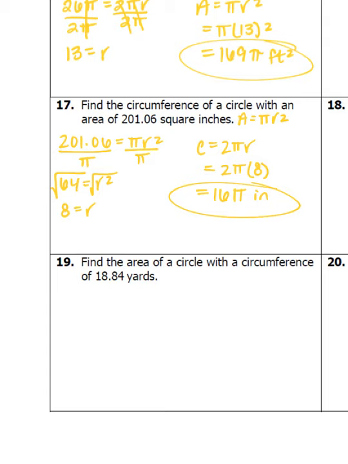All right. Last one, number 19. Find the area of a circle with a circumference of 18.84 yards. Okay, so find the area. We have the circumference. So the circumference is equal to 2 pi r. I'm going to divide by 2 pi. So 18.84. Don't forget, put the 2 pi in parentheses.